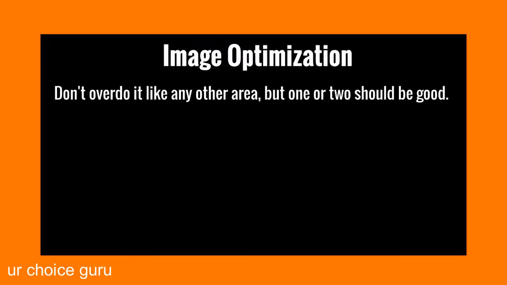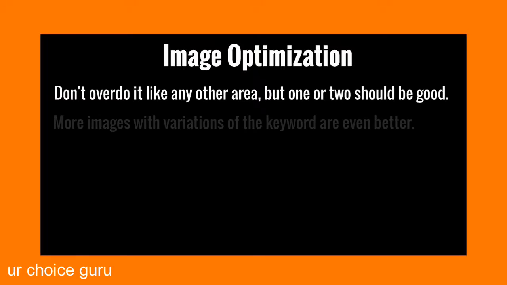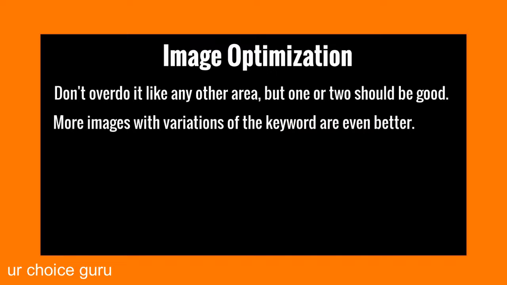So that is why making sure that your keywords and your images fit and they're accurate enough, but you don't want to overdo it in any other area. But 1 or 2 should be good, 3 or 4 should be fine, but you definitely don't want to overdo it. Now, like I said, more images with variations of the keyword are even better.